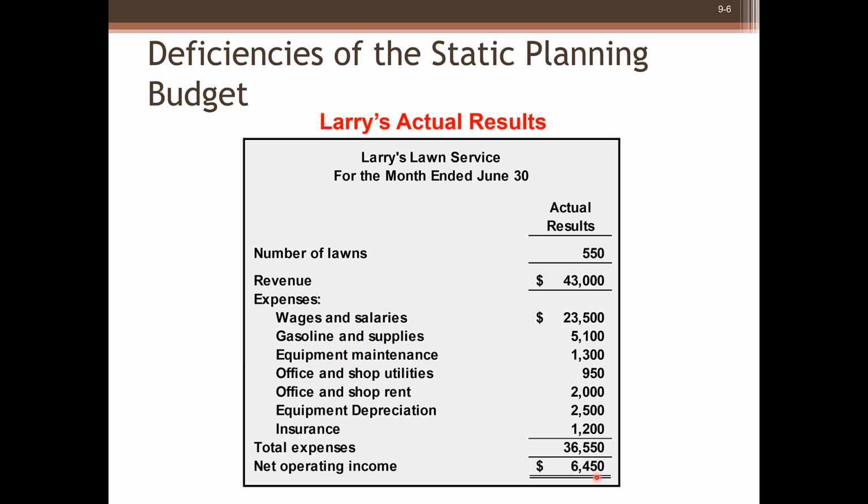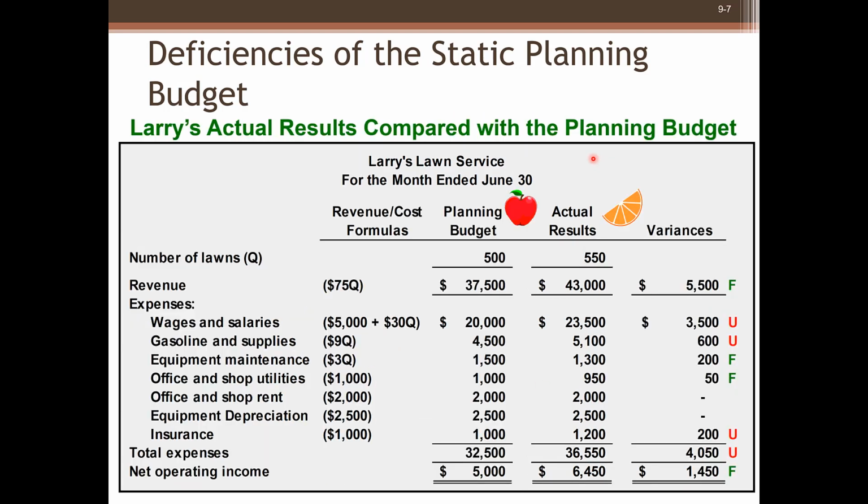$6,450. If we want to compare Larry's actual results with a planning budget, this is a table. This column shows revenue cost formulas. Planning budget is prepared based on planned level of activity, 500 lawns mowed, and followed revenue cost formulas.